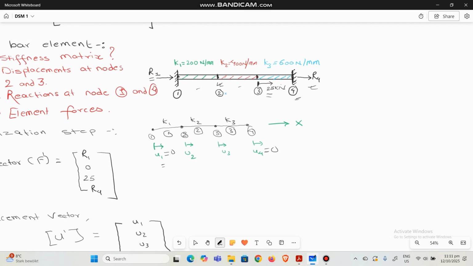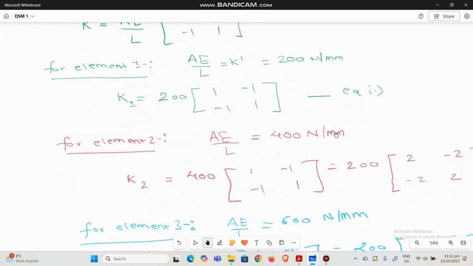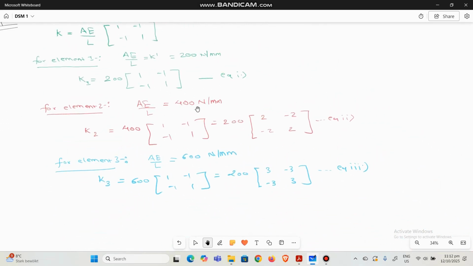For example, if we look at element number one, the displacement at u2 is concerned with this element as well as the next element. Similarly, the displacement at node 3 is not only because of element 2, it's also because of element 3, because they are connected to each other, right? So while assembling them, we need to add the collective effect of all the elements.